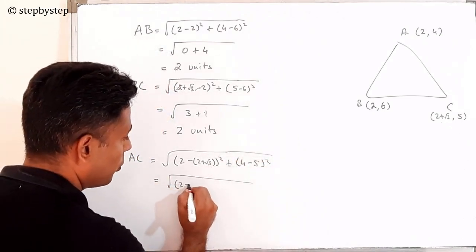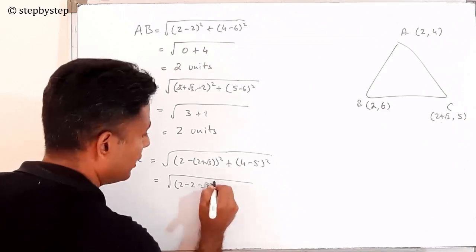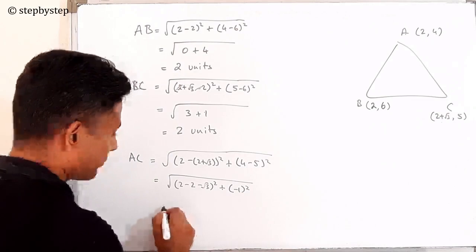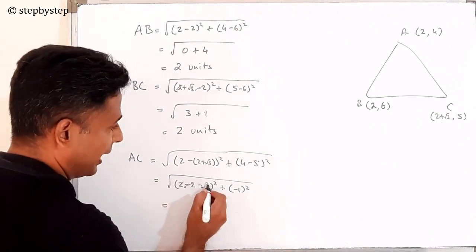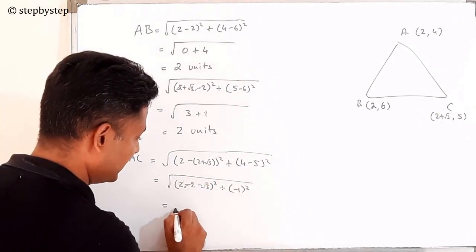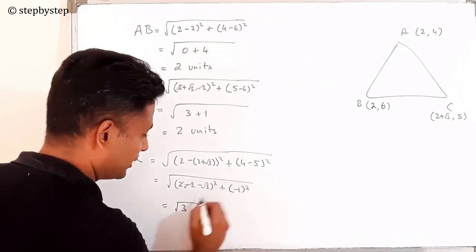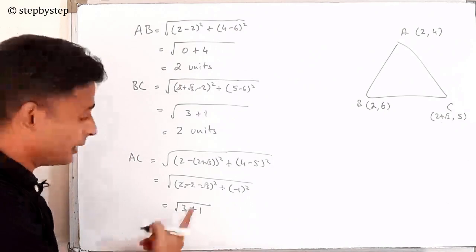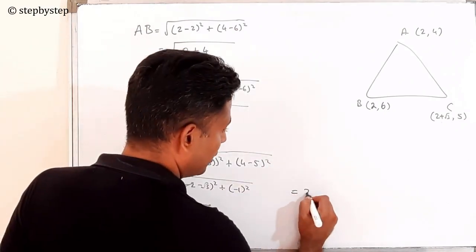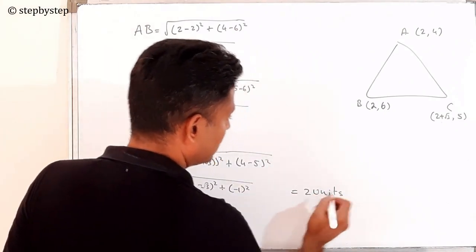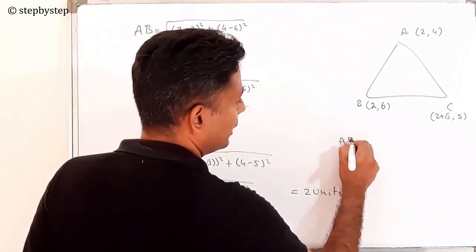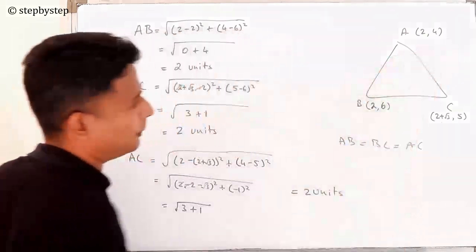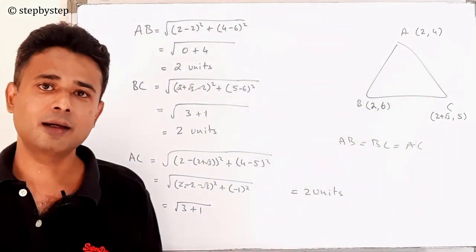We get 2 minus root 3 whole square plus 4 minus 5, that is minus 1 square, which means 2 minus 2 is 0, minus root 3 whole square becomes plus 3 and minus 1 whole square becomes plus 1. So we get root of 3 plus 1, that is 4. So root of 4 is 2 units. So therefore AB equal to BC equal to AC. So hence ABC is an equilateral triangle.